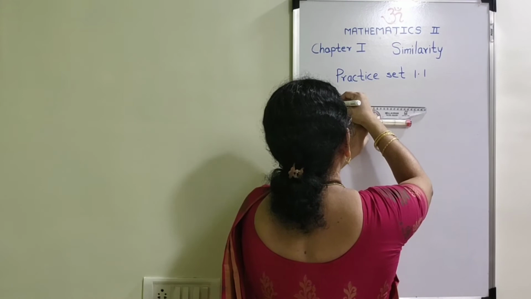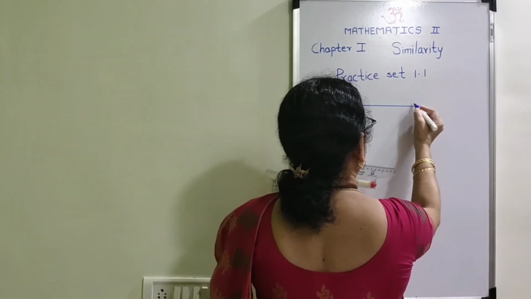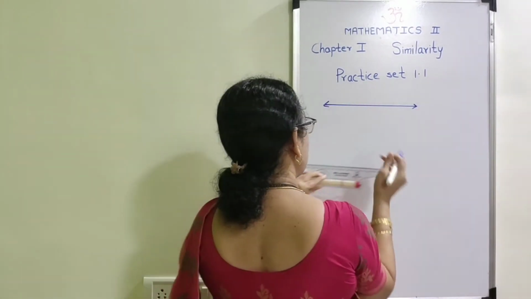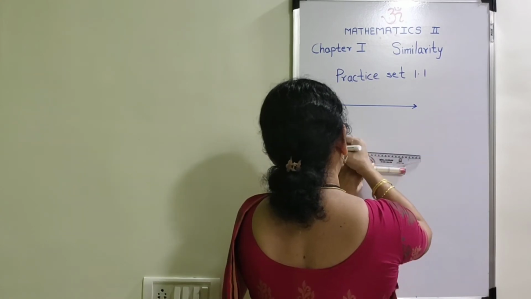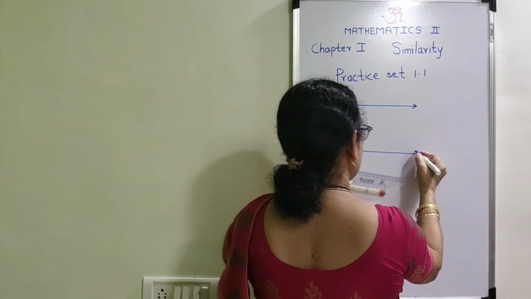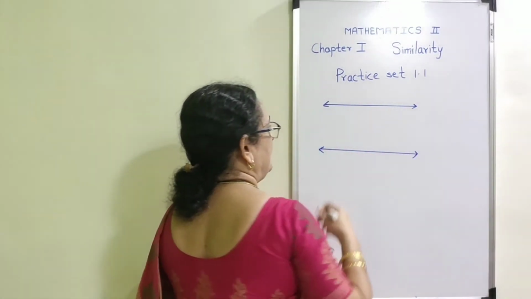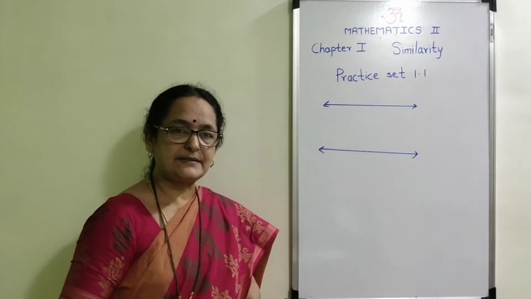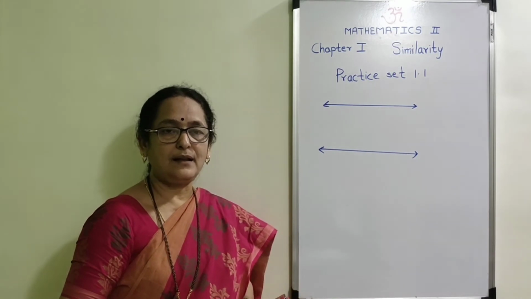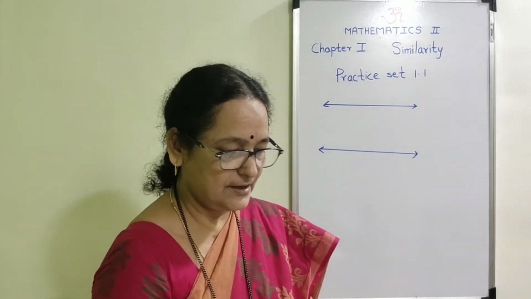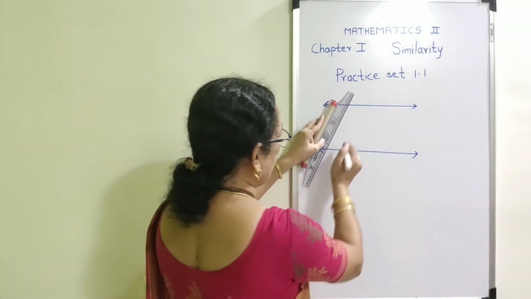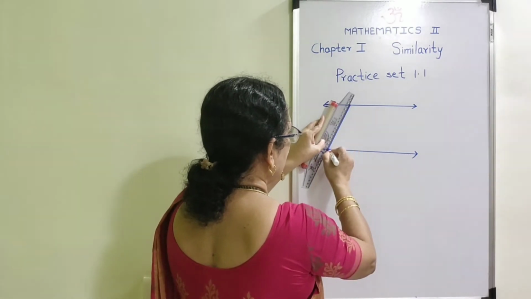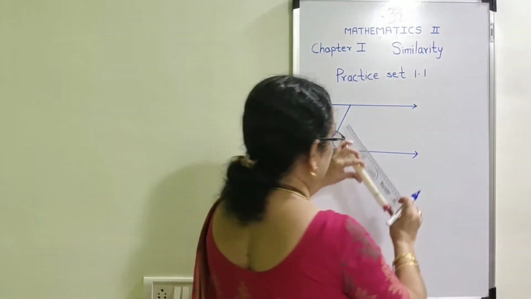Now the example is based on the concept of two parallel lines. What do you know about two parallel lines? By the definition of parallel lines, the perpendicular distance between the two parallel lines is always constant. Now they have given two triangles in between two parallel lines.